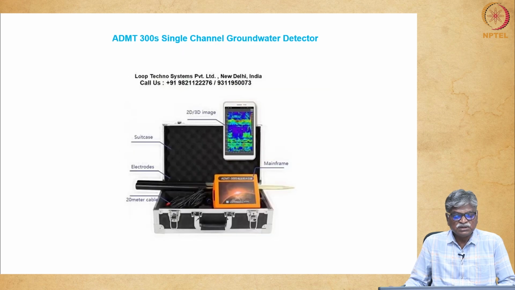One more instrument is the ADMT-300S, single channel groundwater detector. Why is it 300S single channel groundwater detector? That means 300 meter information. It is a 300 meter investigation instrument, and there are 500 meter and 200 meter ones also, for different depths.